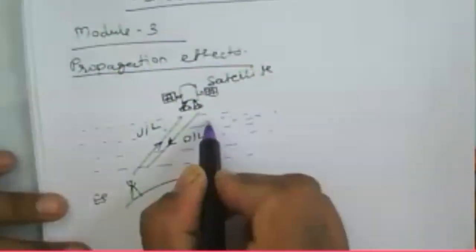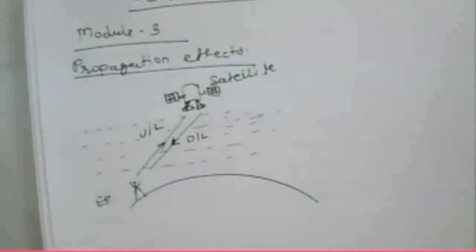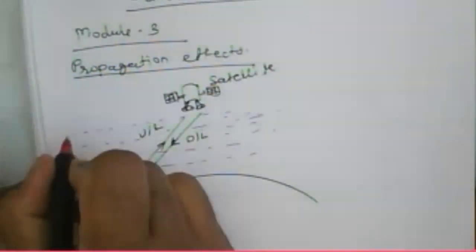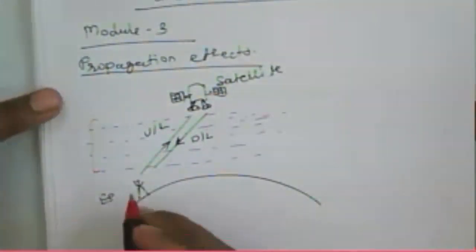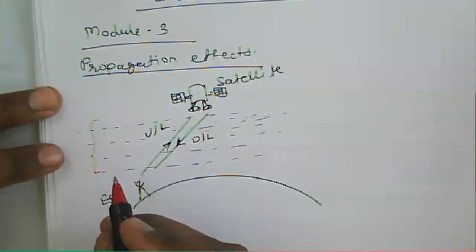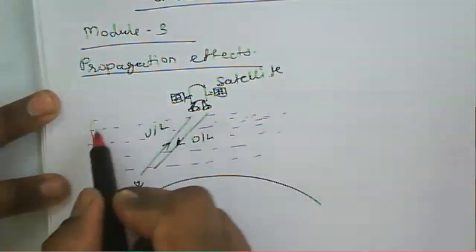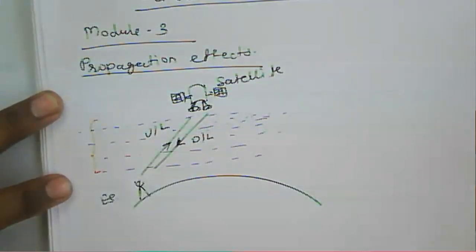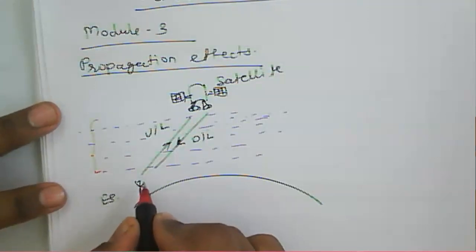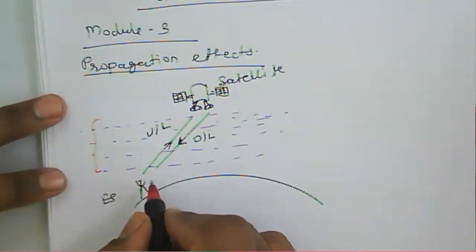Today we are learning what propagation effects occur when we are transmitting the signal from the Earth station, or from the satellite to the Earth station. We learn the transmission mechanism and what problems occur while transmitting the signal. Transmitting the signal means we are transmitting electromagnetic waves in terms of gigahertz.